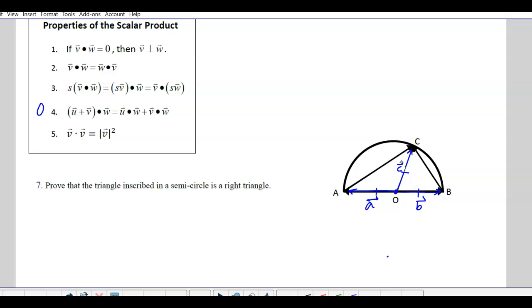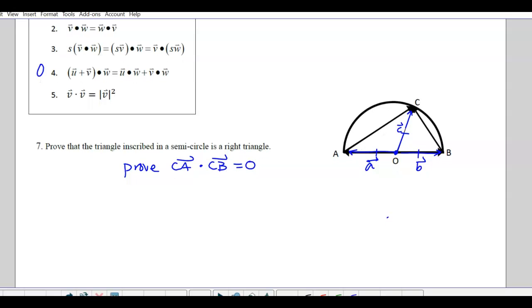So we want to basically prove here that this vector CA dot product with CB equals 0. Okay. So the vectors joined at the same place, the angle between them, we want it to be 90, which means their dot product is 0.